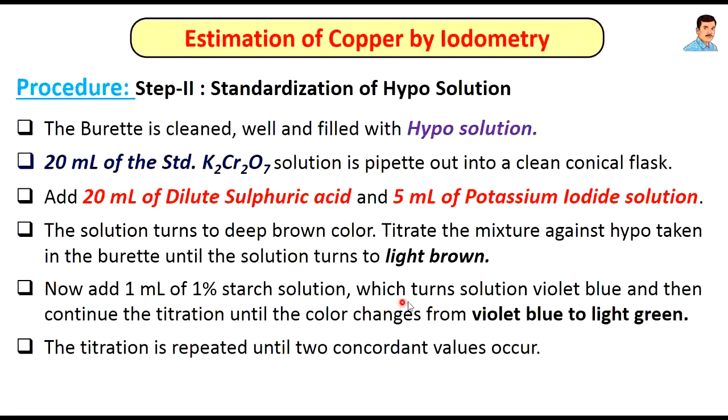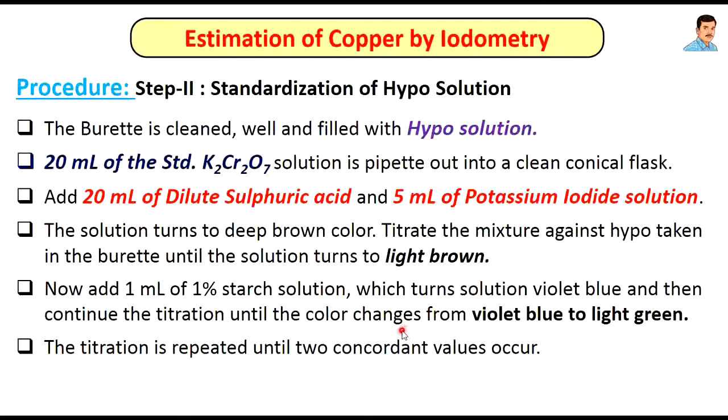Now the solution turns into violet blue color. Titration is continued with the hypo solution until the color of the solution is changed from violet blue to light green. After the titration, the burette readings are noted and the titration is repeated until two concordant values are obtained.